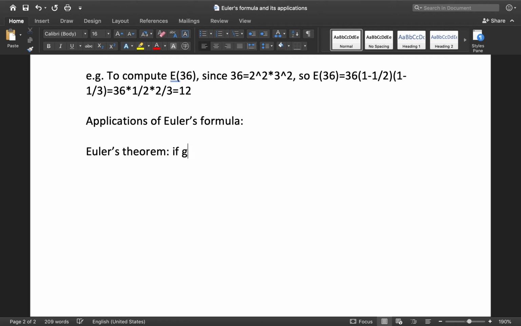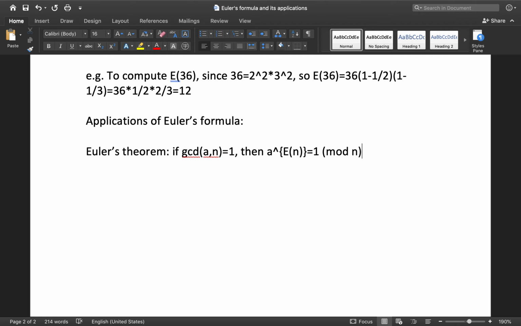So if you have two positive integers a and n, and if the GCD of a and n is equal to 1, that means they're relatively prime, then a to the power φ(n) is in fact equal to 1 modulo n. In other words, we can always find a power which makes a equal to 1 modulo n.